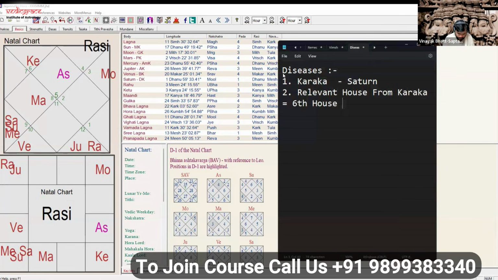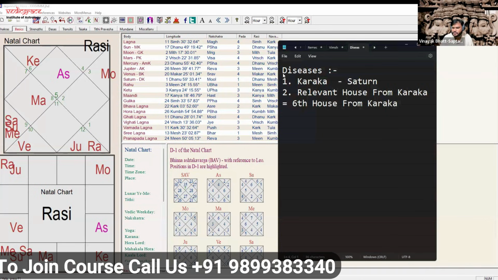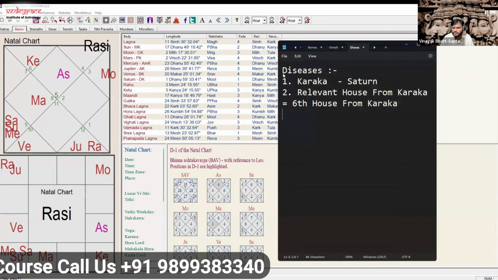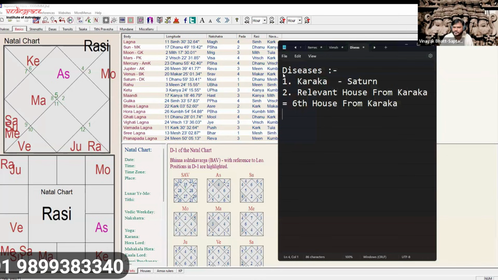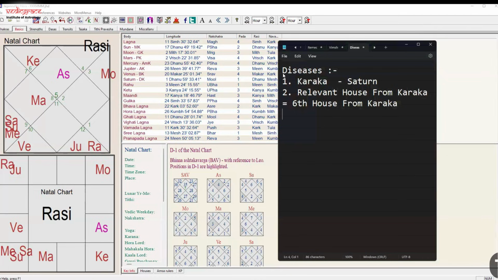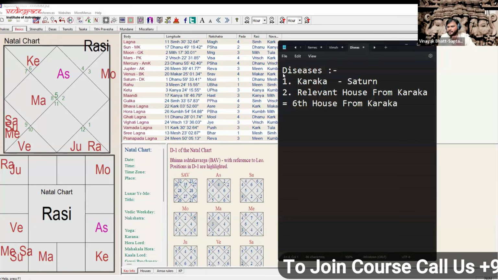The 6th house from Karaka. If Saturn is your Karak planet, then the sixth house from Karak we should check. This is the part of our course that we will learn in advanced BNN, and without this, we can't complete BNN.